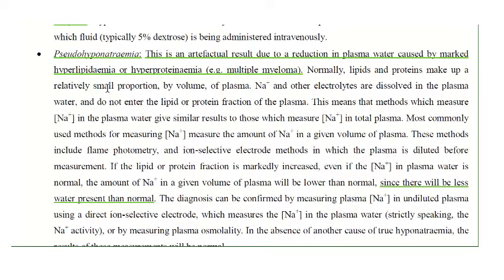فإذا بهذه الحالة pseudo hyponatremia هنا يقول هذه an artifactual result. السبب reduction بالplasma water وهذا caused by marked hyperlipidemia or hyperproteinemia كما على سبيل المثال في المالتيبل مايلوما اللي أخذناها سابقا في موضوع البروتين.